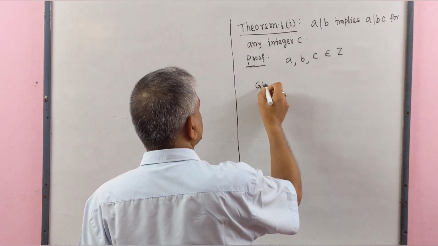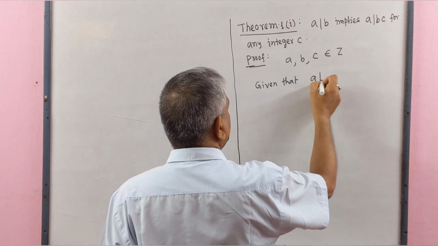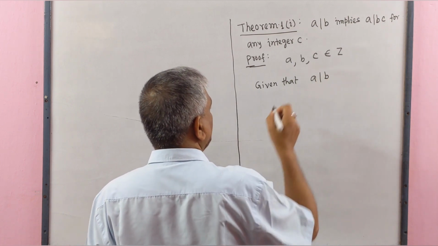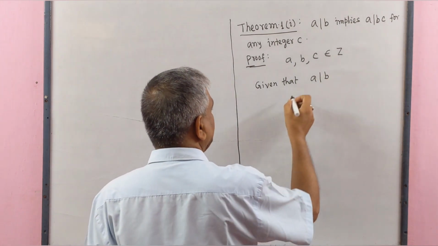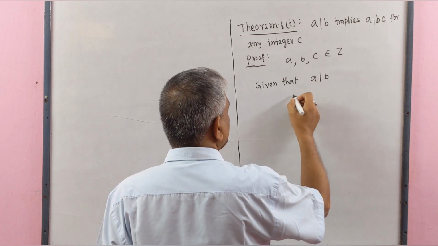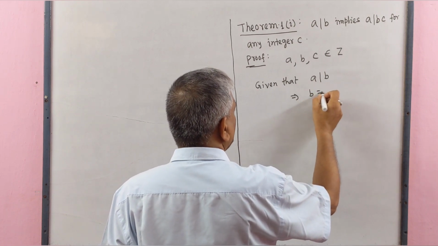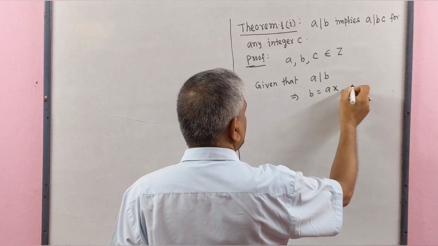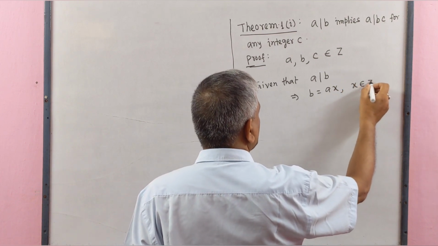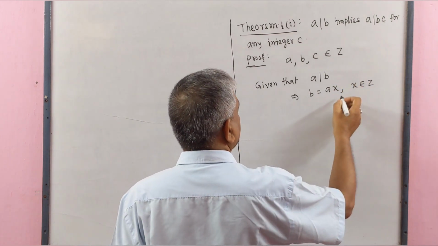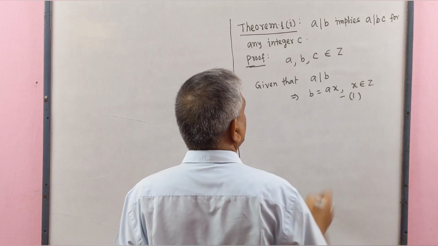Given that A divides B, from the definition we know that this means B equal to AX, X belongs to Z. Let this is number 1.